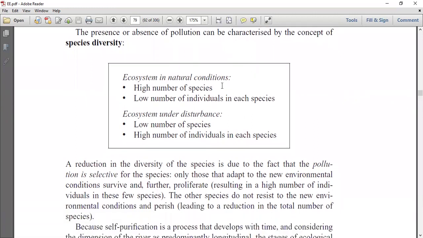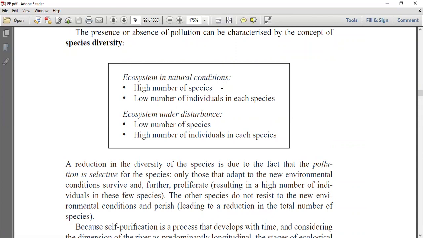An ecosystem in a natural condition has a high number of species and a low number of individuals in each species, while an ecosystem under disturbance has a low number of species and a high number of individuals in each species.